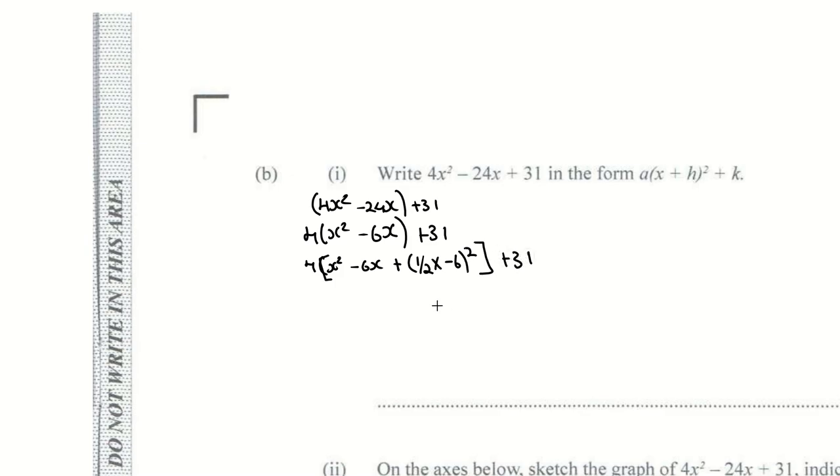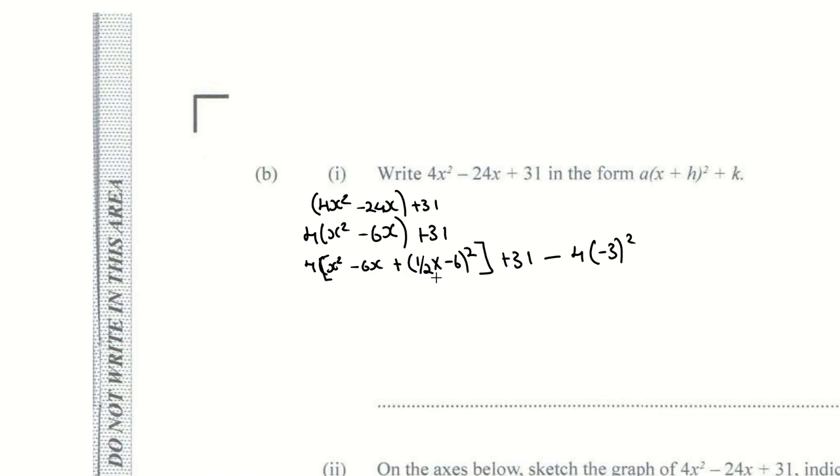Because the new term that I added was 4 multiplied by a half by minus 6 squared, I'm going to subtract that out so I don't change the equation, right? A half by minus 6 is minus 3. That's 4 by minus 3 squared.